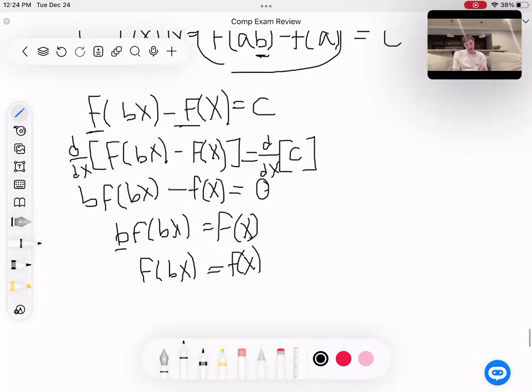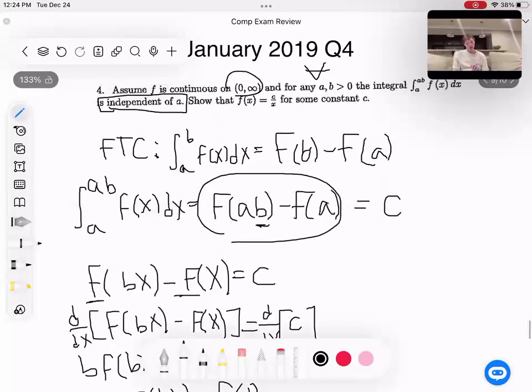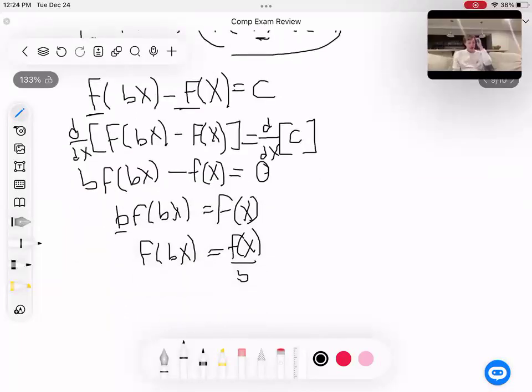Now, if we go up to our original problem, this is going to say for any a, b greater than 0. So what we can actually do is use a trick where we fix some value of x, and we can say let x equal any number. We know it's true for all x. However, we also know that it's going to be true for all b.